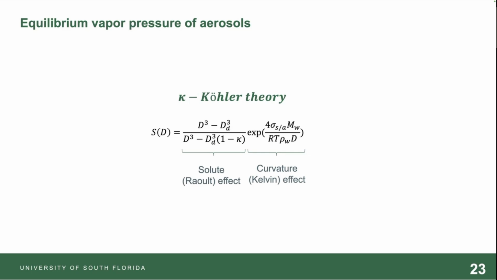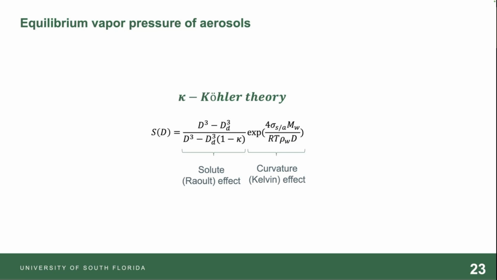So how is this captured? The theory behind this is the Kappa-Kohler theory. And it really captures two competing effects. One of them is the solute effect, and one is the curvature effect. So we can imagine that the aerosol is very, very small. We're in the range of about 20 to 100 nanometers for these upper tropospheric regions in diameter.